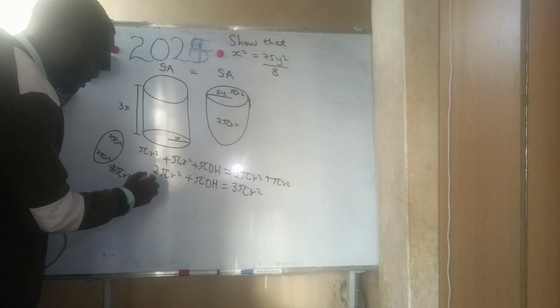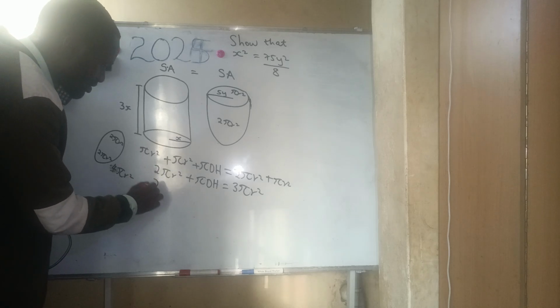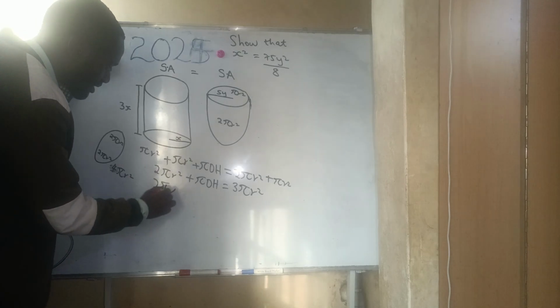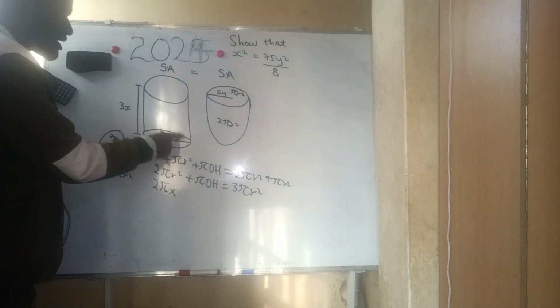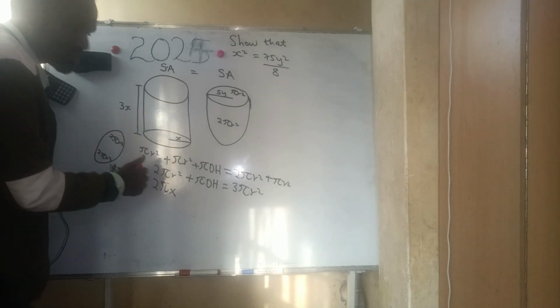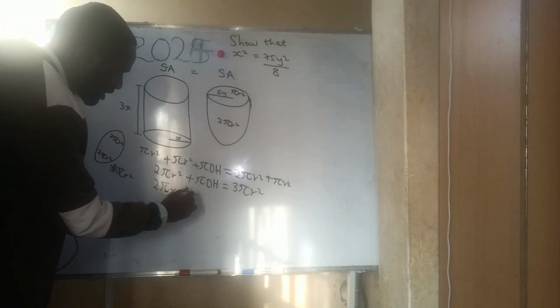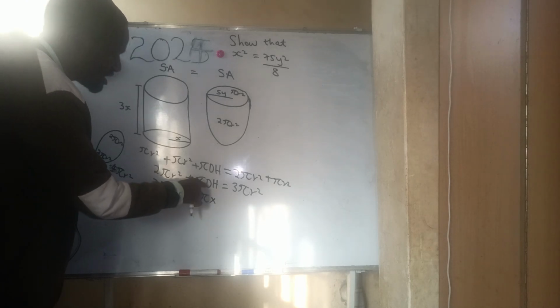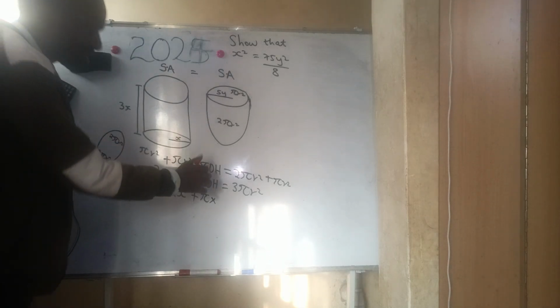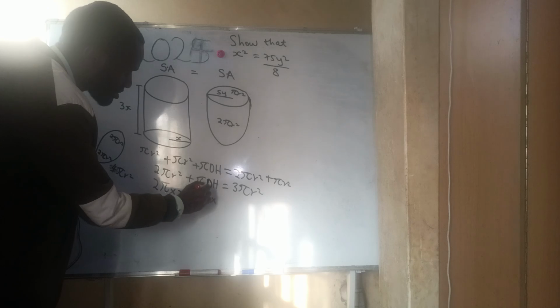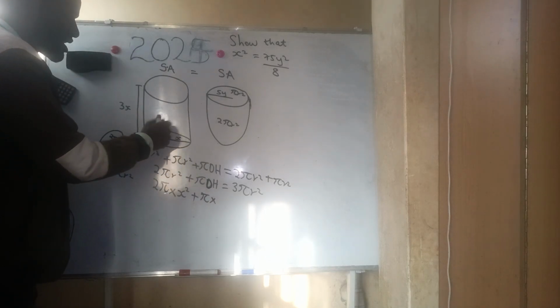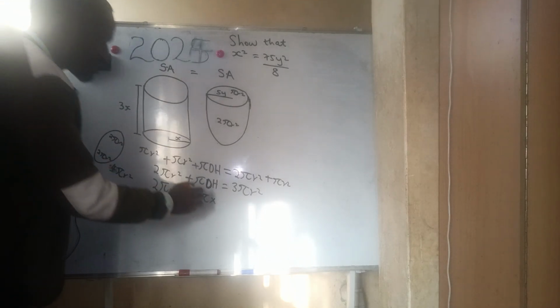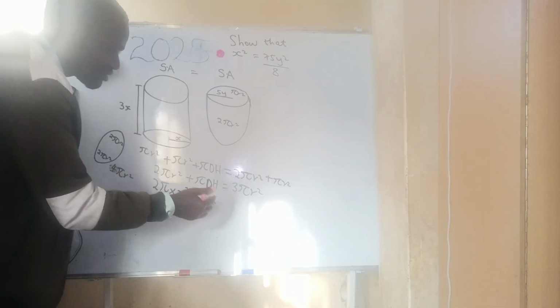So we can begin working out our question. 2 pi times r, and the radius of the cylinder is x, so we shall have x squared, plus pi times d. D stands for the diameter, so it means 2x, because the radius is x. The diameter will be 2x, because 2r is equal to d.